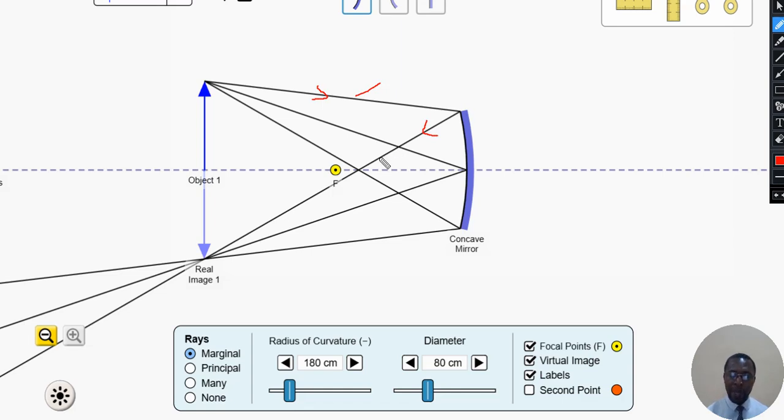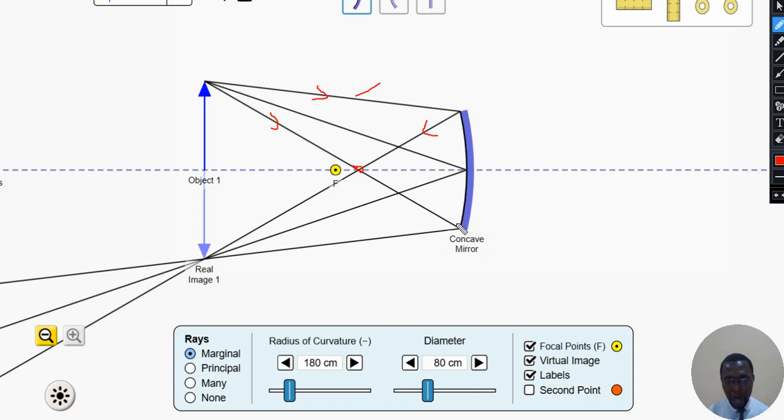Now I said something about the focal point. Any ray of light that strikes the mirror parallel, the reflected ray must go to the focal point. So this particular spot is the focal point. Okay. Another thing again is any light that passes through the focal point, you can see this one coming from the ray and it passes through the focal point.